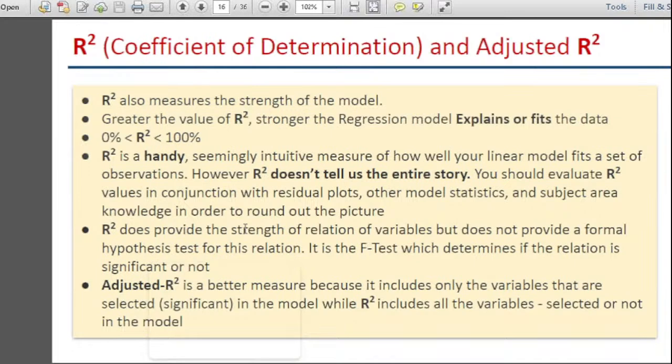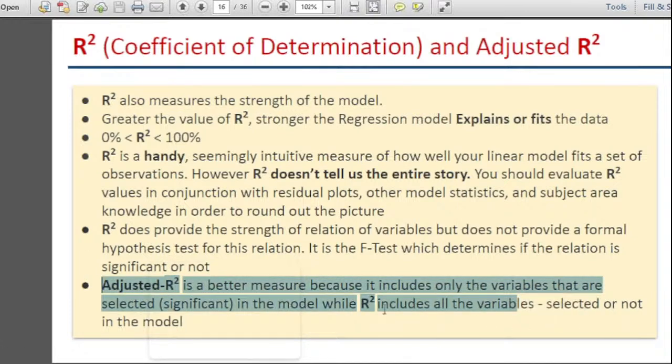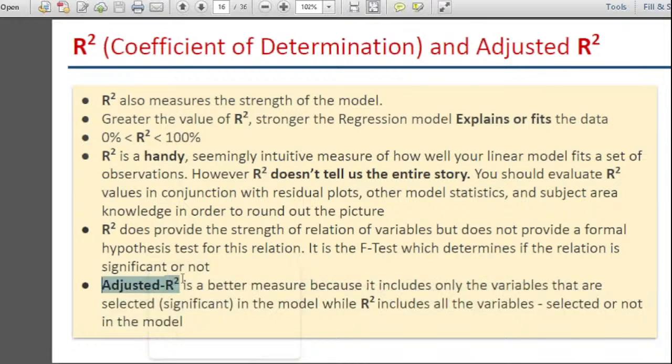Some of them will be insignificant. So when I take only the significant variables, we check the significance using the p-value. When I calculate R square using only the significant variables, we call it adjusted R square.